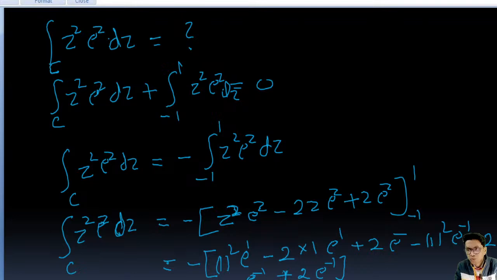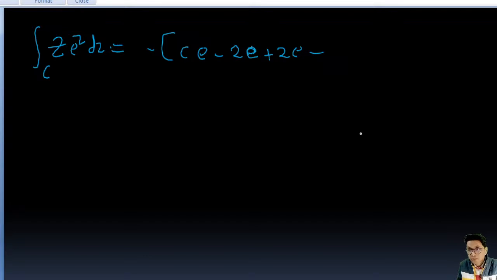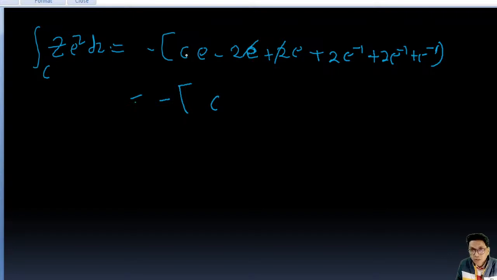After solving, this is going to be plus 2 e to the power -1 plus 2 e to the power -1 plus e to the power -1. So this will get cancelled, and this is 1, right?